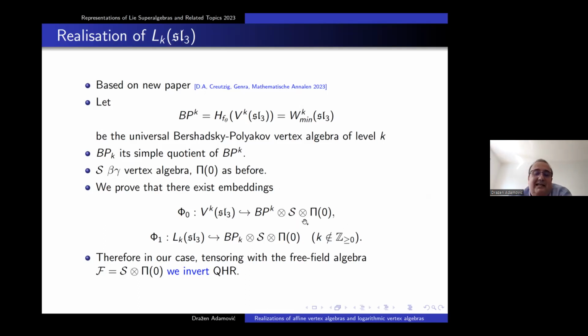So in this case, the representation theory of SL3 is essentially controlled by the representation theory of this Bershadsky-Polyakov algebra, which has some similarity to affine SL3. This is how we should go, and probably this is the way one can approach the more general case by using this kind of inverse quantum Hamiltonian reduction.